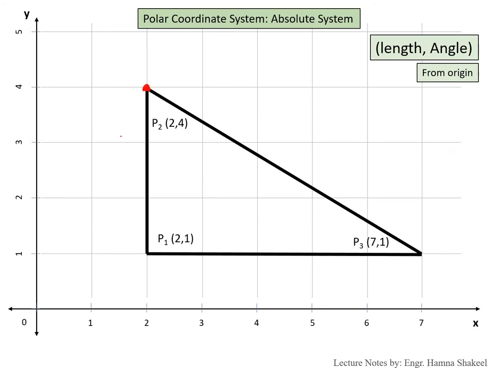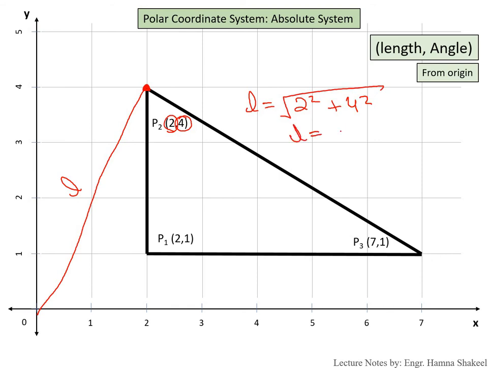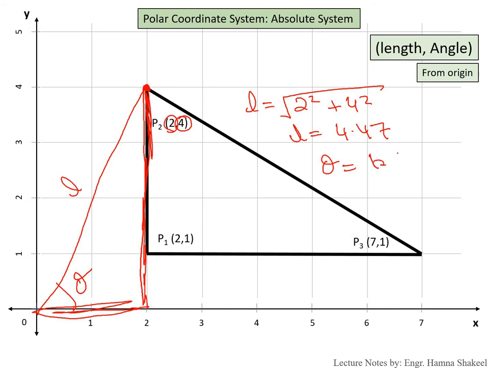Similarly, for point number P2, you have to find the length, and length will be equal to the square root of (2 minus 0) whole square plus (4 minus 0) square. So length will be equal to 4.47, and for the angle you have the perpendicular and the base. The perpendicular is 4 and the base is 2.